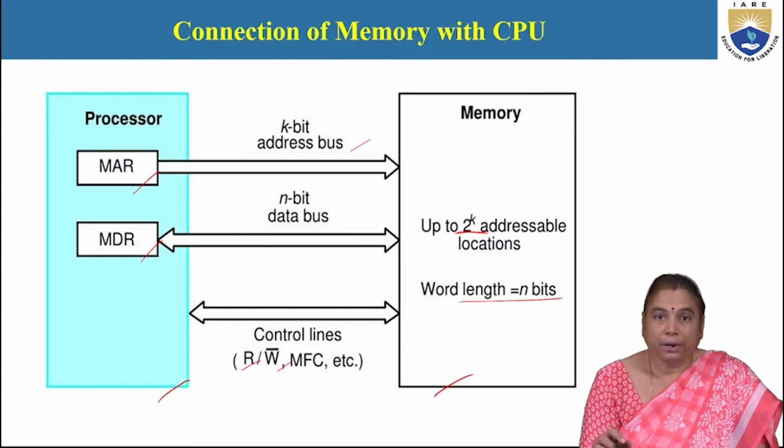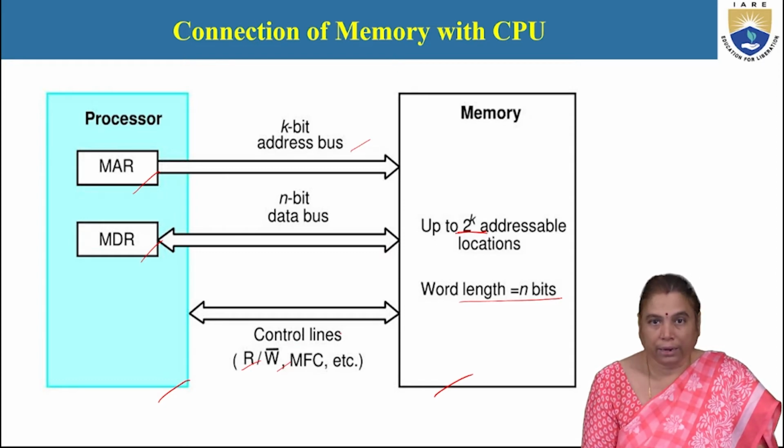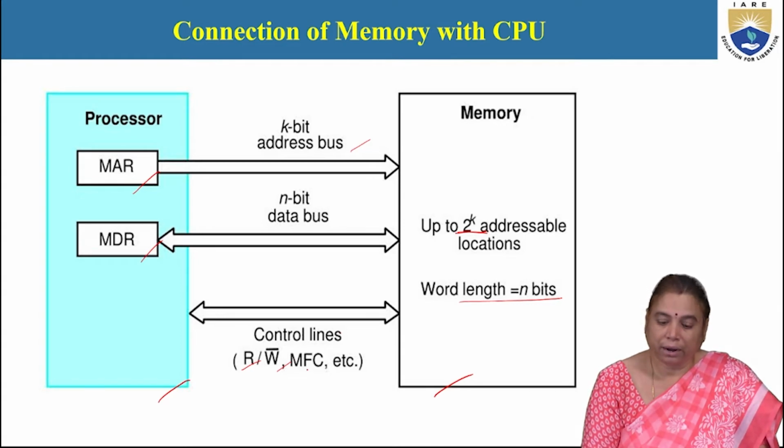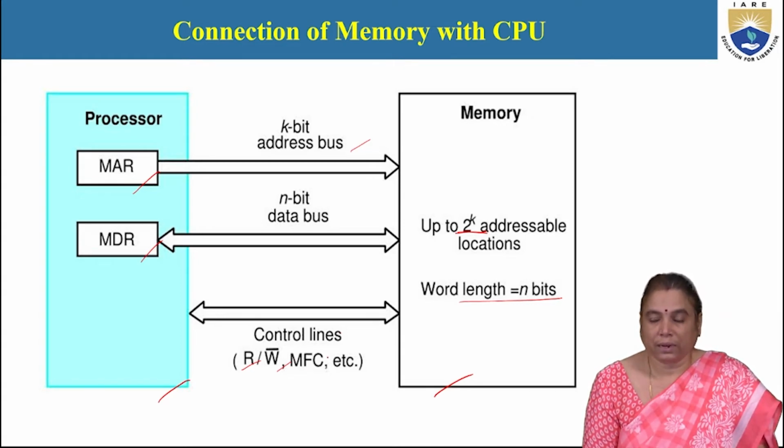But the data with which the operation is performed is held by the MDR. Which operation is to be performed is decided by the control signals of the control line, and the completion of that operation is indicated with the MFC control signal.